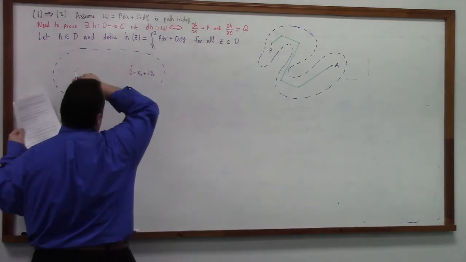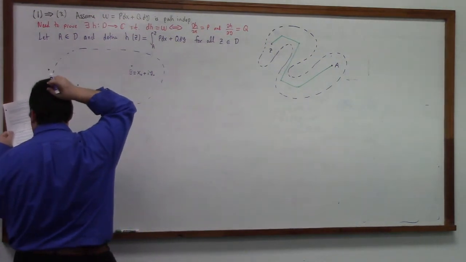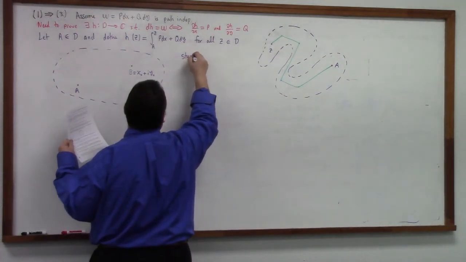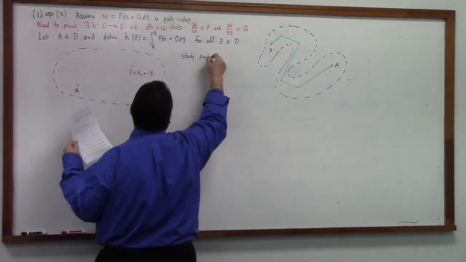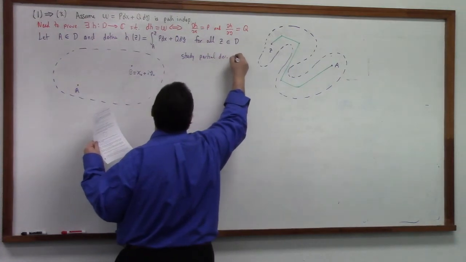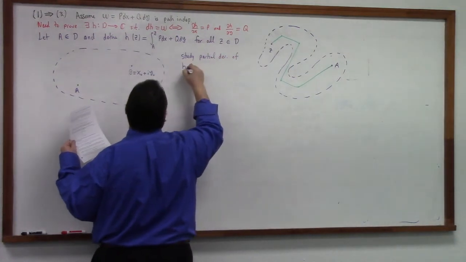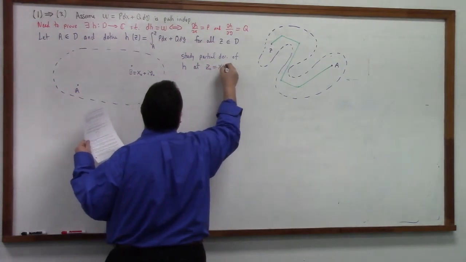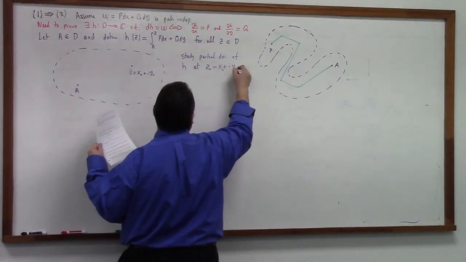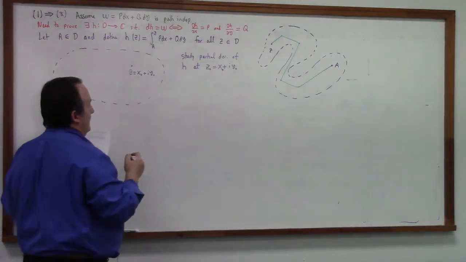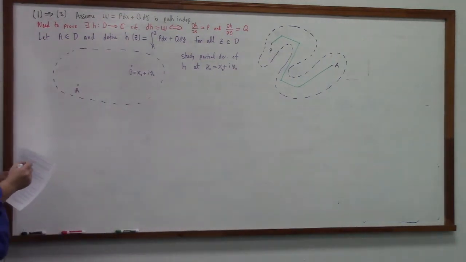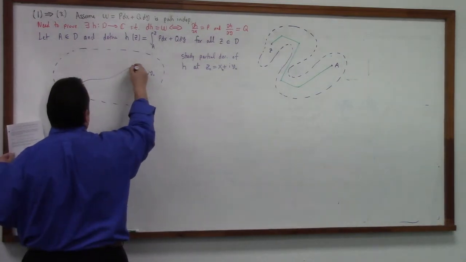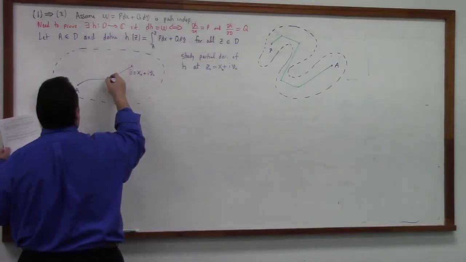And so my goal is to study partial derivatives of h at z naught, x naught plus i y naught, right? I got this curve, whatever it is, like that.